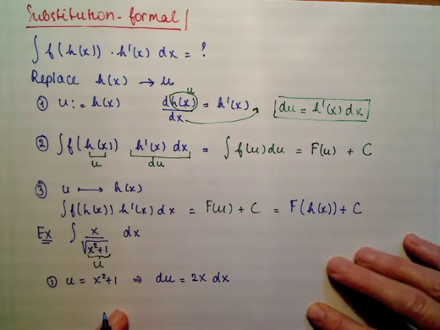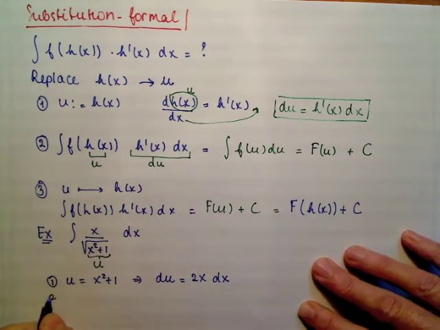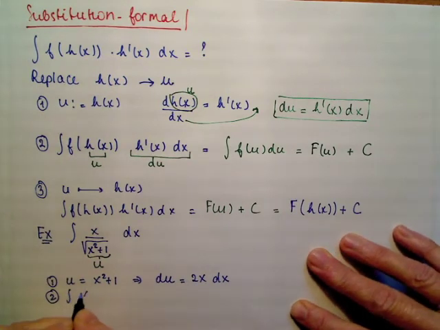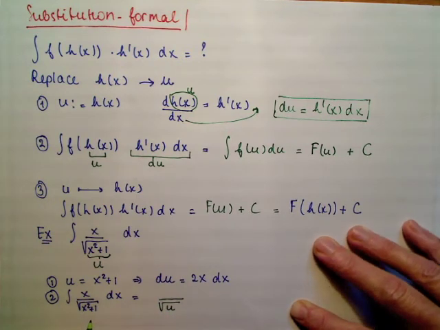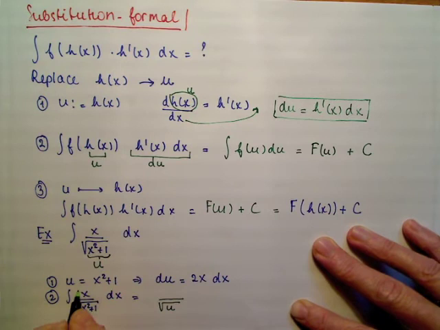Okay, let us substitute. We do our substitution, so this original problem now becomes, well, we substitute x squared plus 1 by u, so we get square root of u in the denominator. x dx is, well, let us compare to du. du is 2 times x dx, so x dx is 1/2 times du.